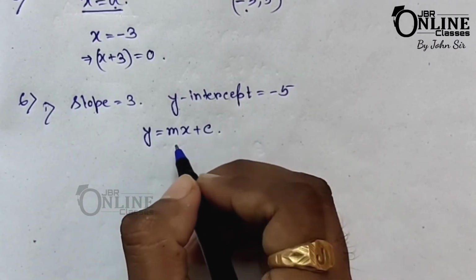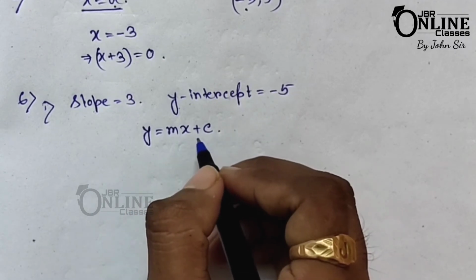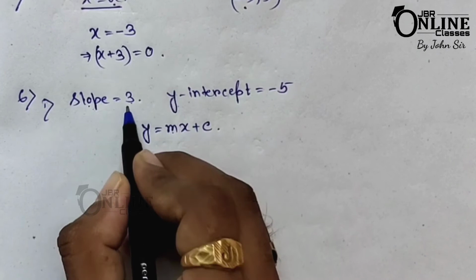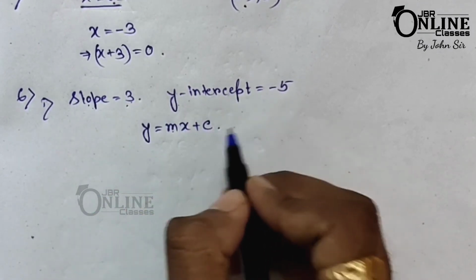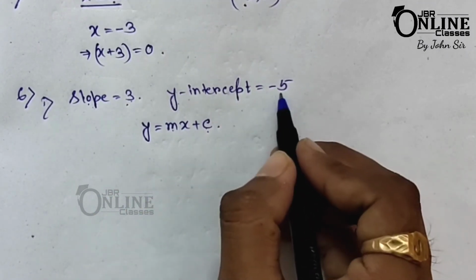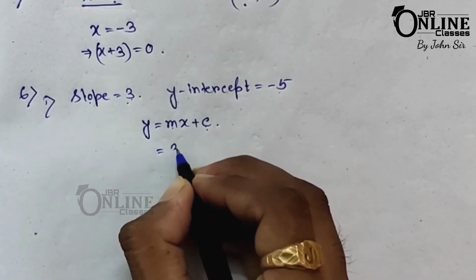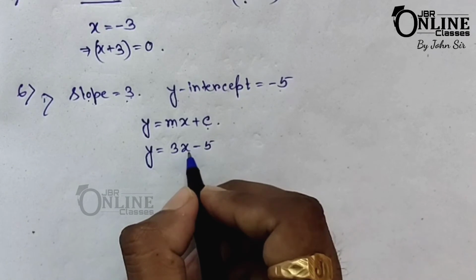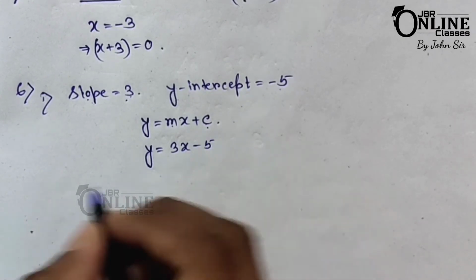So here slope equal to 3, that means the value of m equal to 3, and c is the intercept, so the value of c equal to minus 5. So here 3x minus 5 equal to y. So y equal to 3x minus 5 is the solution.